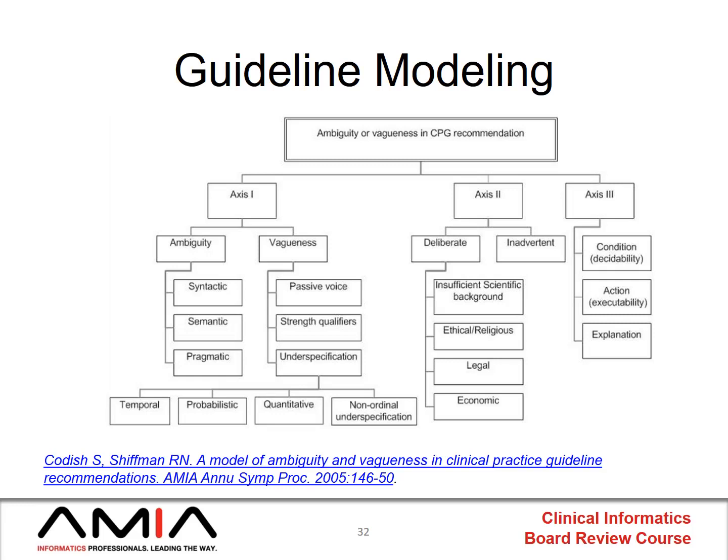Maybe it's a legal gray area. For example, if we're talking about the adolescent right to privacy and how that impacts clinical practice guidelines for showing data to them and their parents. Maybe there's economic constraints, that the correct thing to do or the recommendation is really not economically practical. So leaving that category aside, axis 1 and axis 3 are the ones we're going to focus on in the next slide.